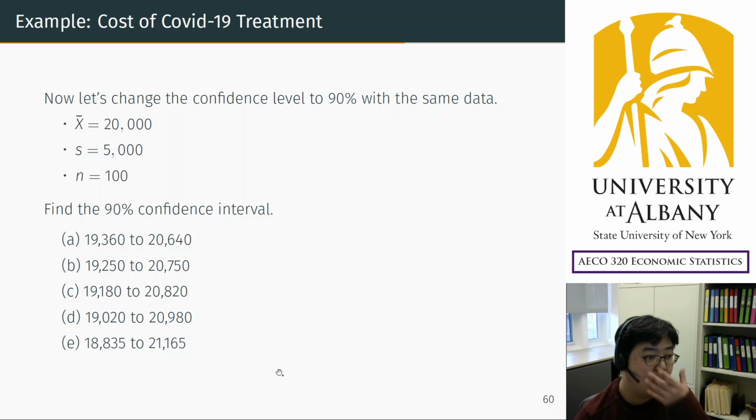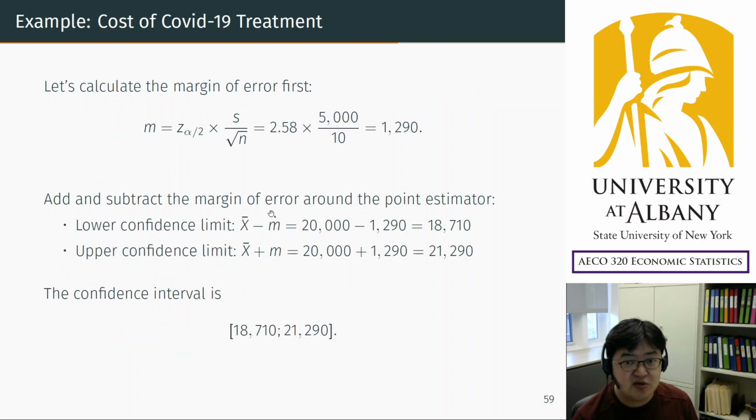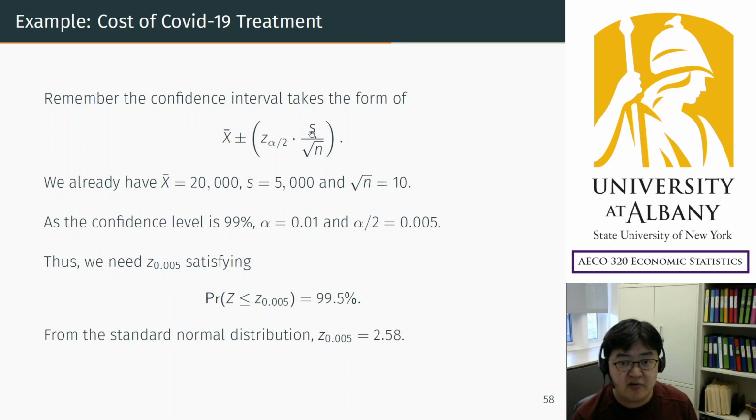If you have finished your algebra, let me show you the answer. The only difference here is z subscript alpha over 2. Only this part changes when the confidence level changes from 99 to 90%.